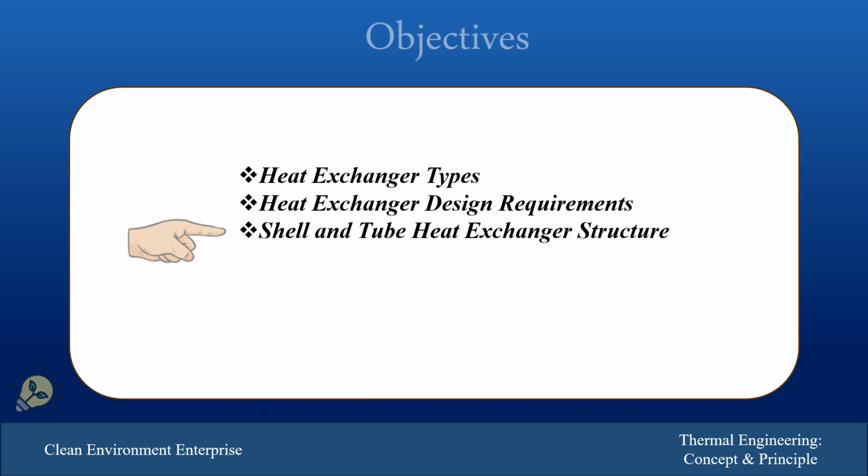Then we will go to the shell and tube heat exchanger structure and describe the main components of such heat exchangers. And finally, we will arrive at the summary of the content of the present episode.